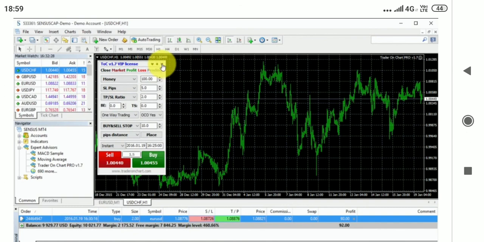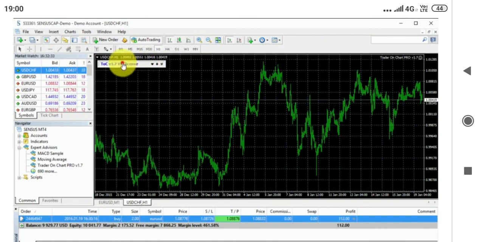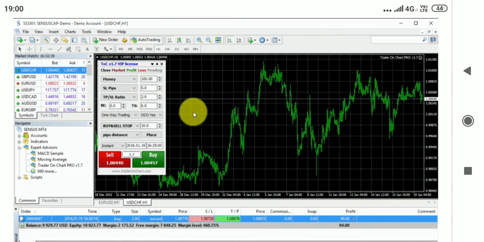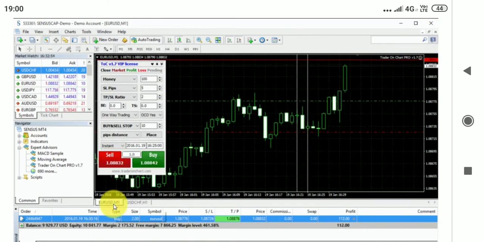Also, there is this button right here that can hide the panel, kind of minimize it, or the same effect happens if you click on that right at the top. So again, really powerful software for sure. So now I could open even more charts if I wanted to. So it's really useful. Let's see how our trade is doing.